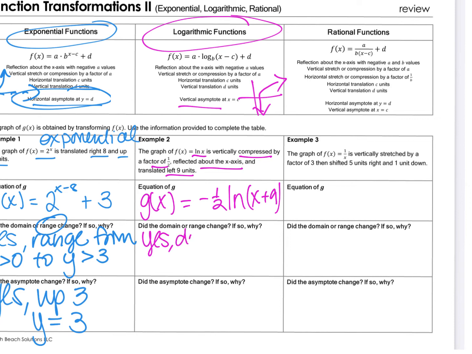Instead of the domain being x is greater than 0, when we shift left 9, it's going to be x is greater than -9. The range, however, did not change because it's all real numbers.